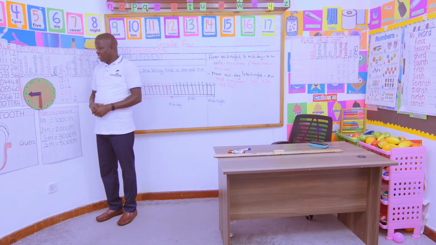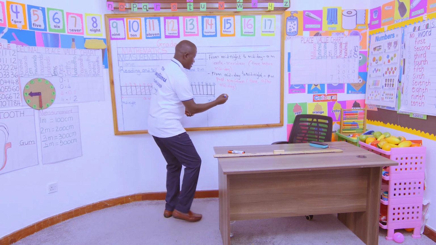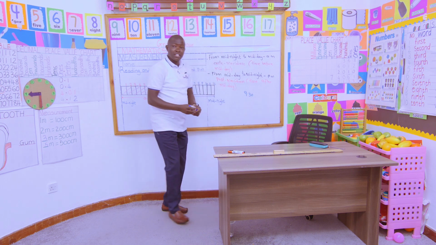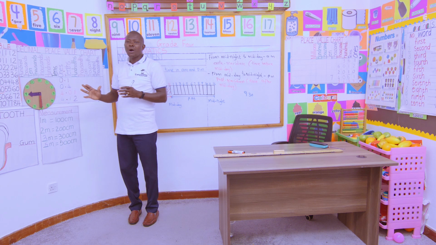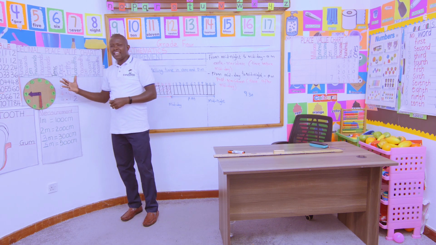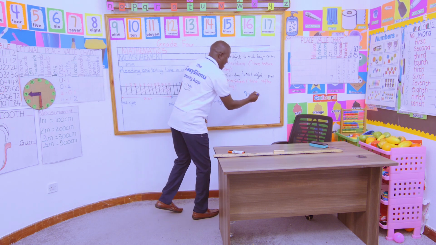In the morning time, we have 9 and 6. This is 30. So 9:30. Now, I've said it's in the morning. So it is 9:30 in the morning. Is it AM or PM? Yes, Victor, it is AM because it is in the morning. So it is AM.